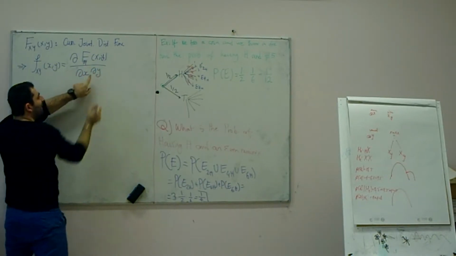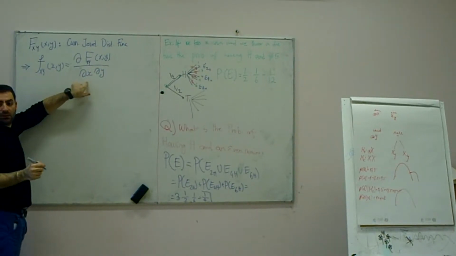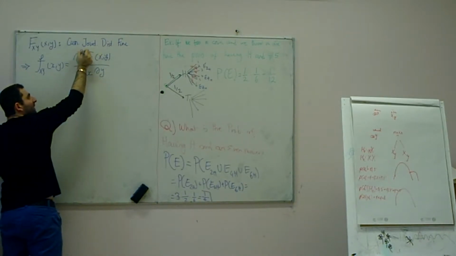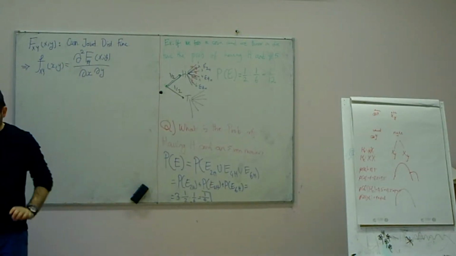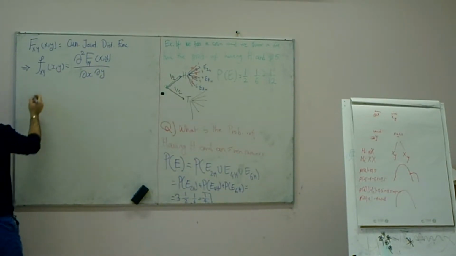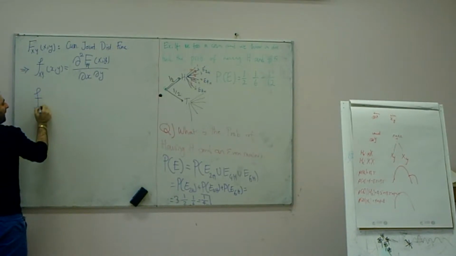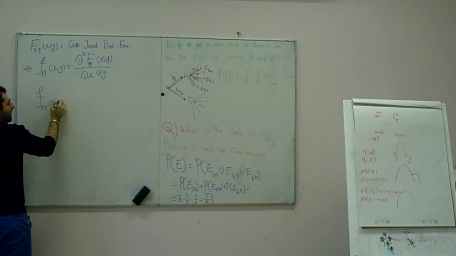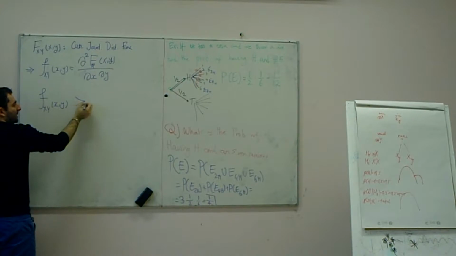How many derivatives am I taking? Two. So this is the second derivative. What can we say about f of x and y? It's always positive.